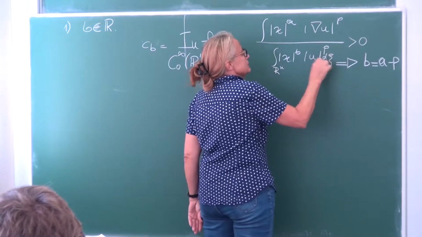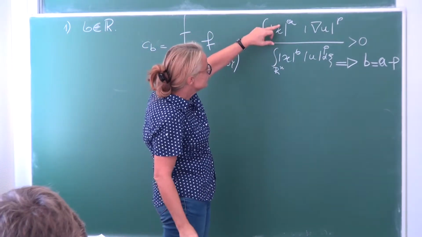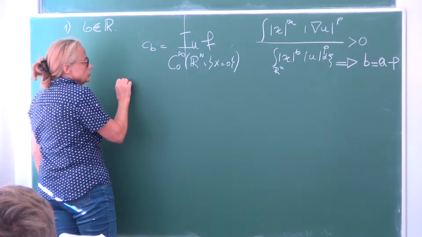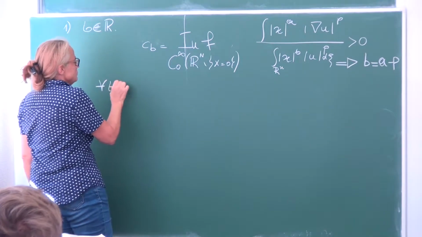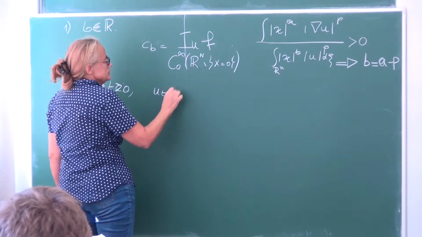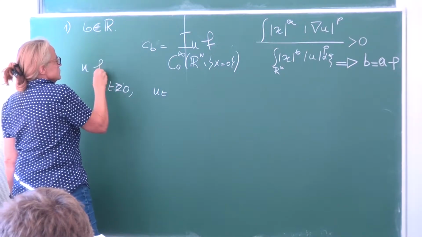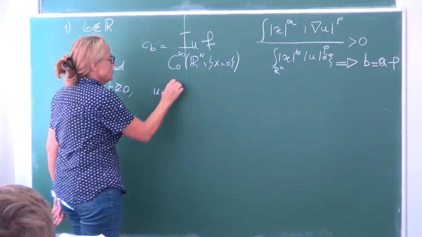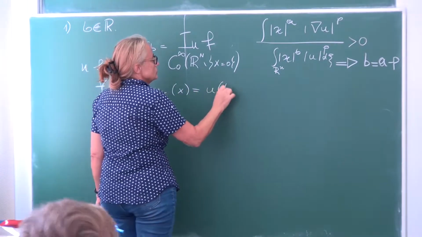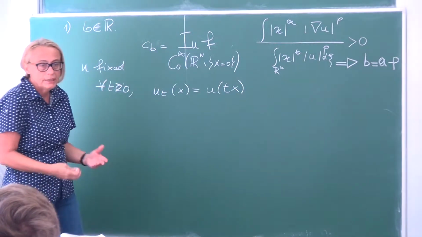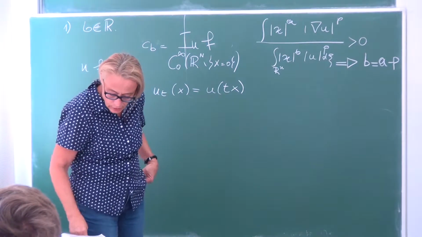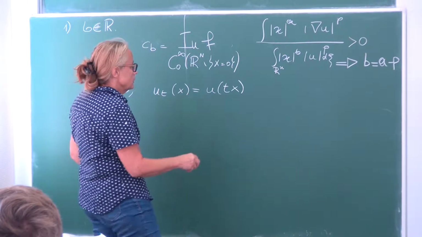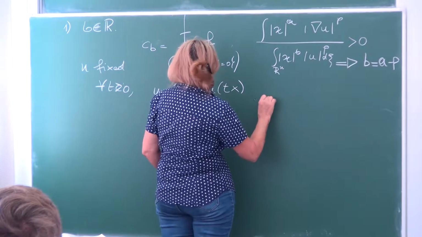That is because this integral and this integral rescale with the same ratio. I mean, if for any t positive, you test this infimum for u fixed in this space with u_t equal to u(tx), then you make some computations and you estimate it.